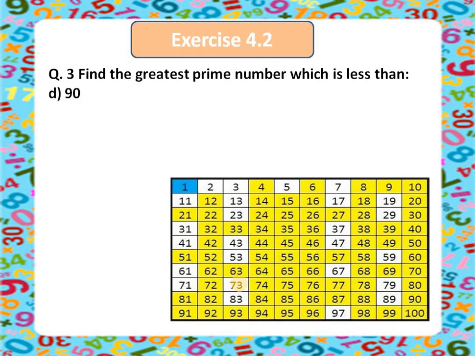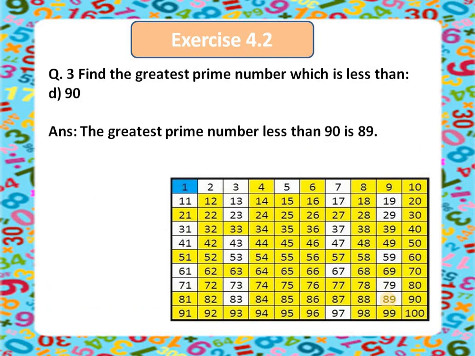D part, 90. So look, where is 90? It is here, and 90 is a composite number, and we have to look for a prime number which is less than 90. So it is 89. Answer: the greatest prime number less than 90 is 89.